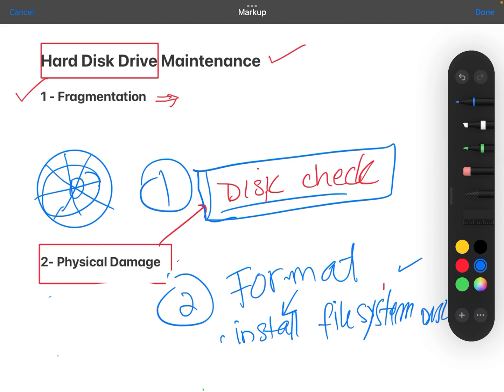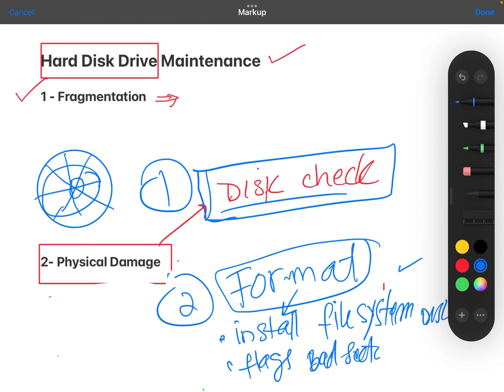Install the file system. At the same time, the format utility of the program also flags bad sectors and spots on the disk and creates a table and writes down all those bad spots, a bad track table, right? Or something like that.